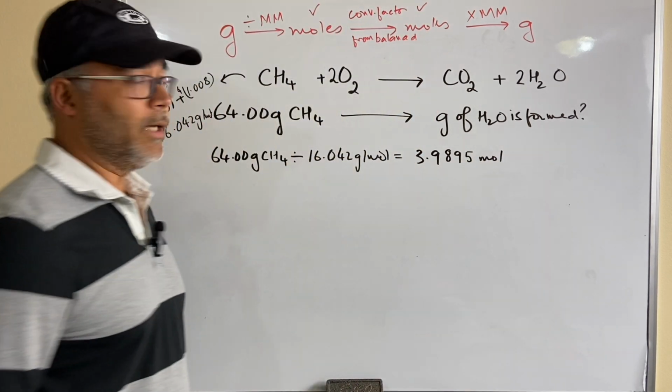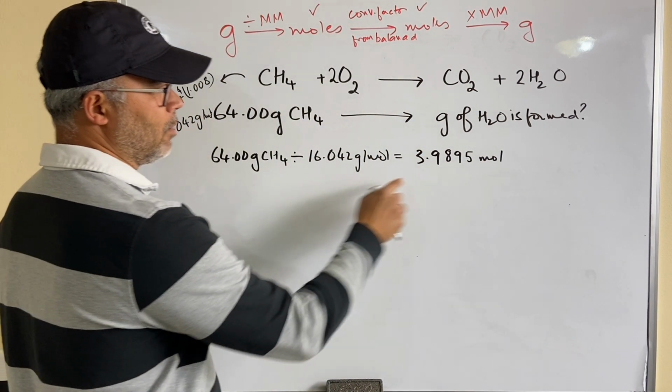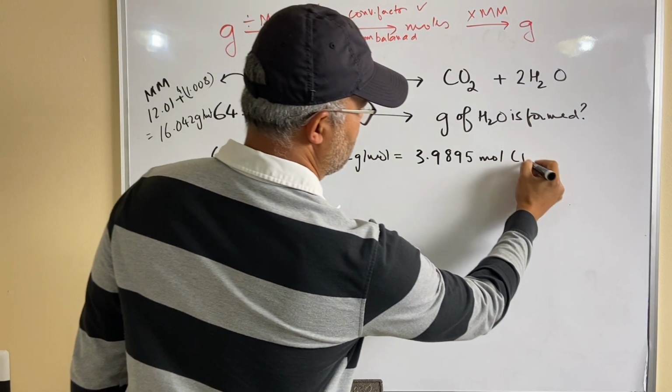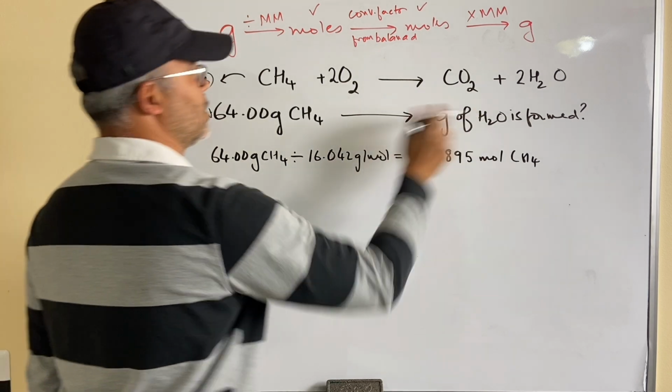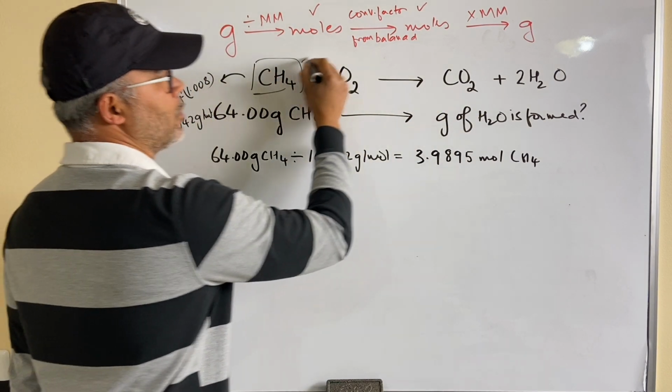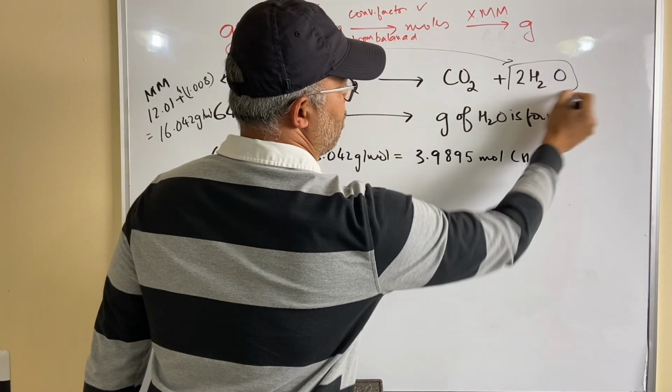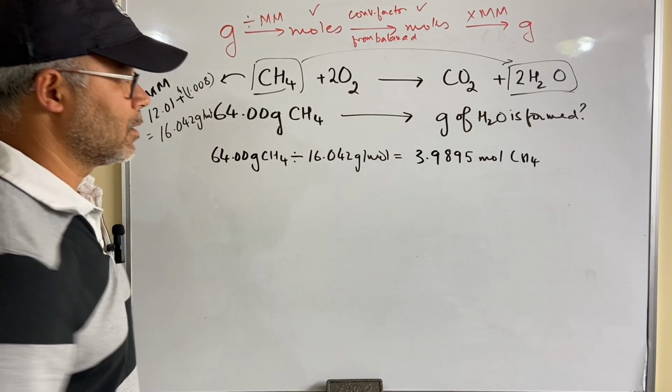moles. Now we have to relate the moles of CH4 to the moles of water, because that's what the question is asking us. So I'm going to use this relationship to create a conversion factor.